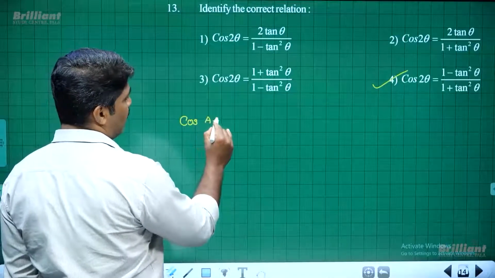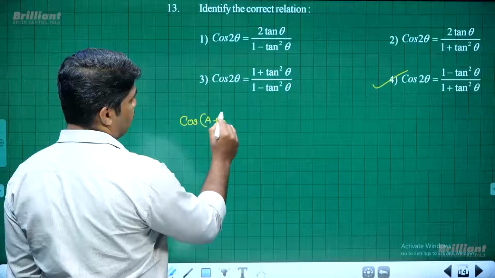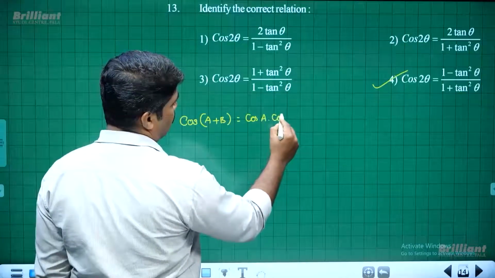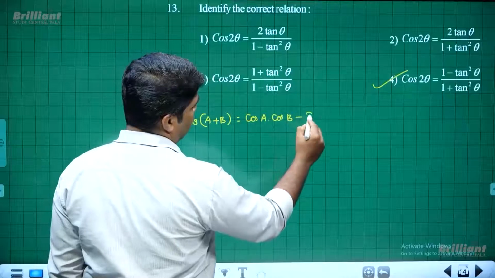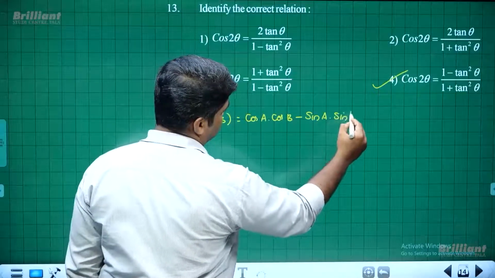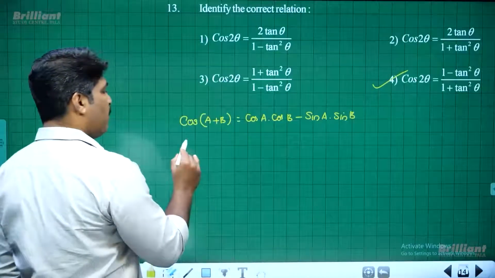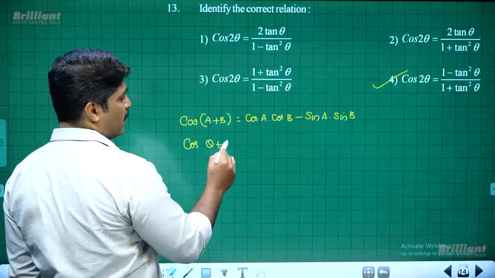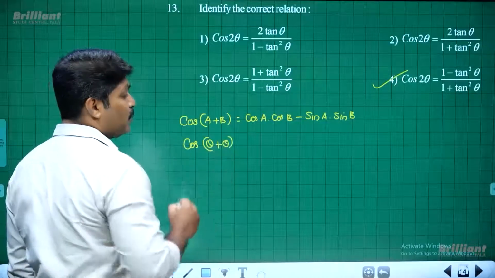What is cos(A + B)? That's the first understanding. It is cos A into cos B minus sin A into sin B. Got it? Therefore we consider theta plus theta, so that is cos 2 theta.